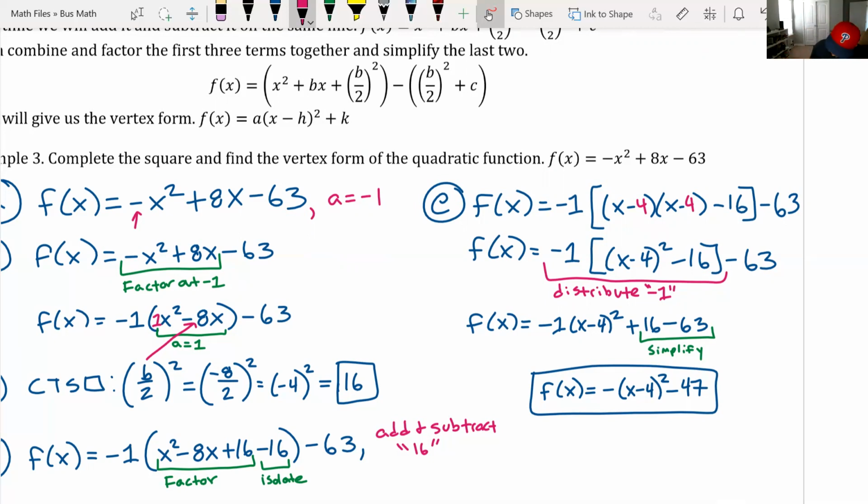All right, I guess I could have put my 16s in red down here, right? Let me do that.